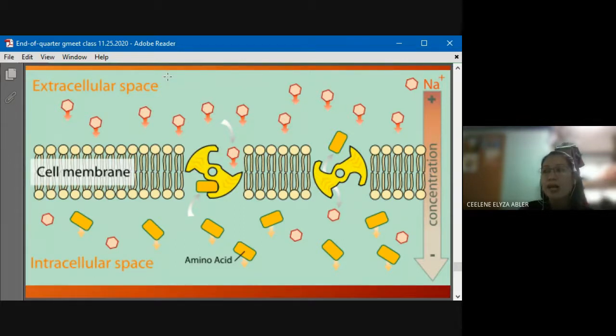Kaya nga kapag kumain ka ng salty na food, or very sweet na food, you will feel na parang dehydrated ka, parang uhaw na uhaw ka. The term for it is, we call it parched. So, thirsty. Okay, so ganun siya. So, you will be quite thirsty after it, because it will be attracting water. It will draw water out of the cells of your body.